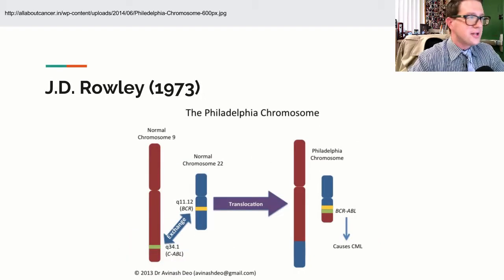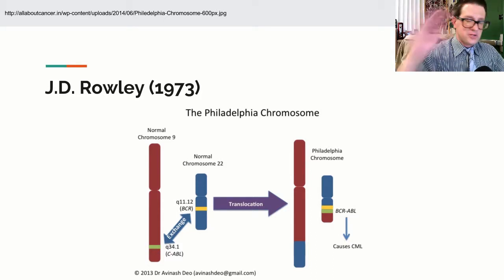In particular, it is so strange that there is a woman by the name of Dr. Rowley. She died a couple of years ago. She examined the genetic composition, the karyotypes, of individuals who have something called chronic myeloid leukemia, which has a whole bunch of issues that go wrong with it. It's a form of cancer. It's a white blood cell cancer.